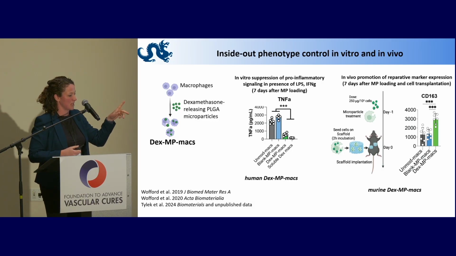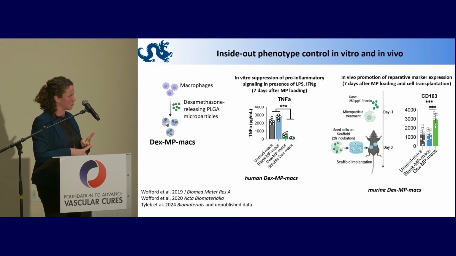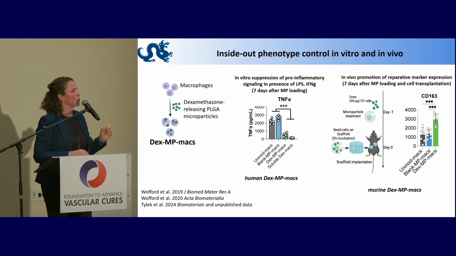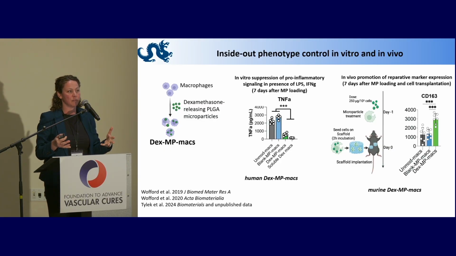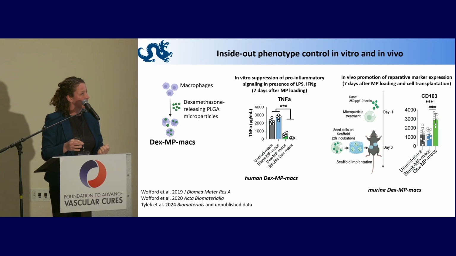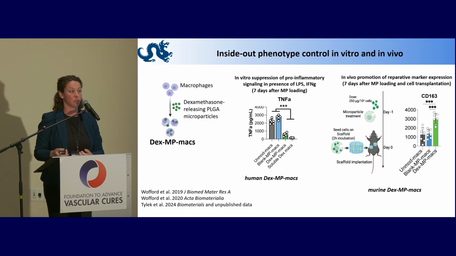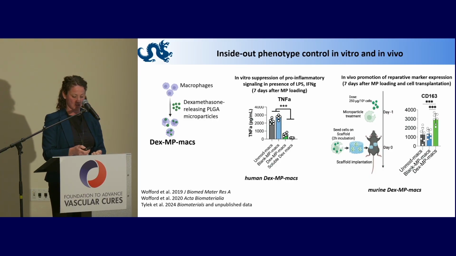What I'm not showing here is that they do retain their microparticles inside them, and it did suppress pro-inflammatory signaling, but we also noticed that it promoted reparative phenotype activation. And that marker right there, CD163, is particularly associated with angiogenesis, or angiogenic behavior of macrophages.